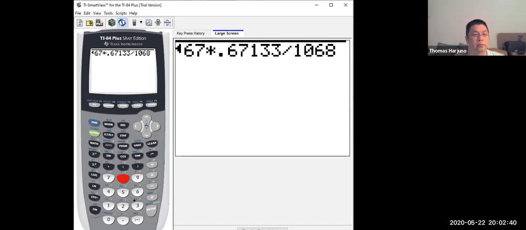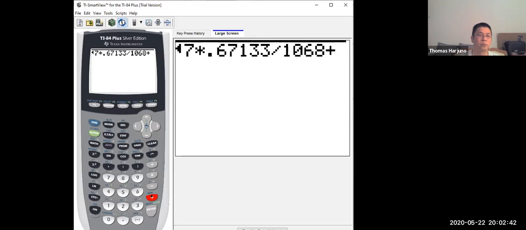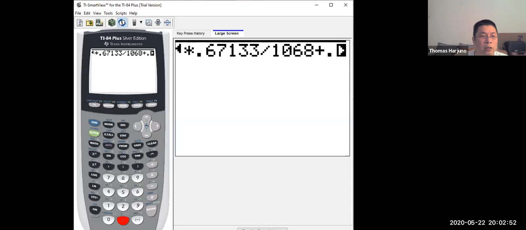Notice that I'm still under the square root. Don't close the square root. And then the pool proportion again, 0.32867 times 0.67133 over 1220.